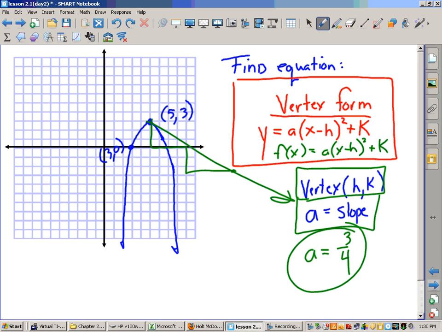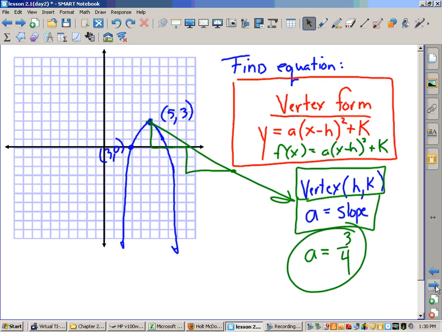What we have to find out here is, if I give you this graph, what's the equation of it? Anything you could plug into this formula right here? Go ahead and do that. Write it down on your board.